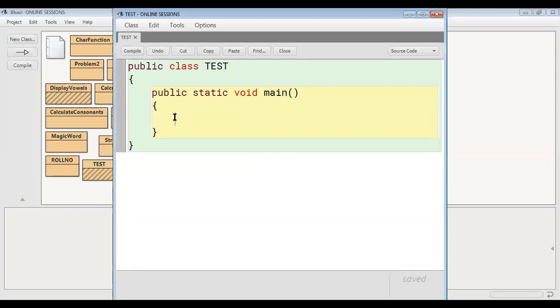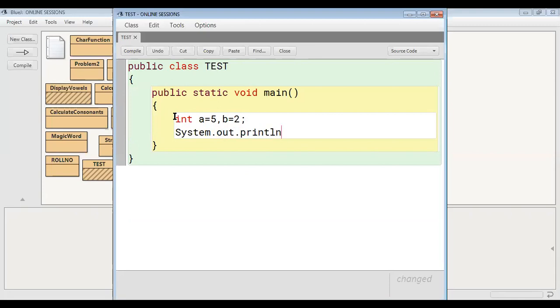So my integer a is 5, comma b is 2. Now I am doing all the operations. System.out.println a plus b, so this is addition.